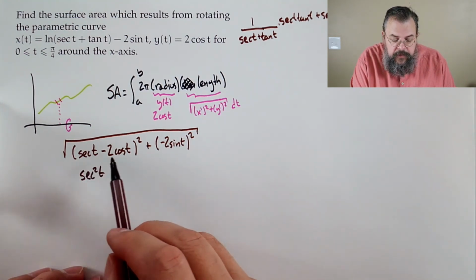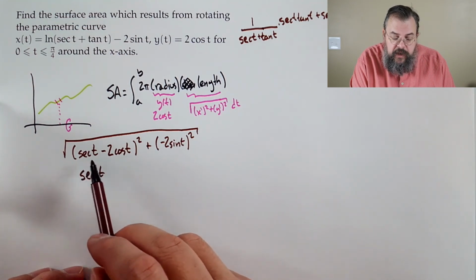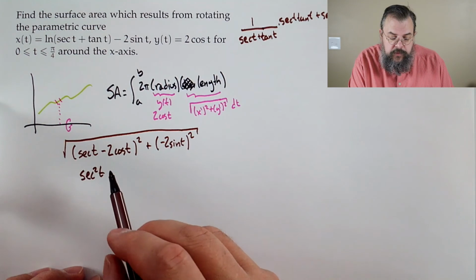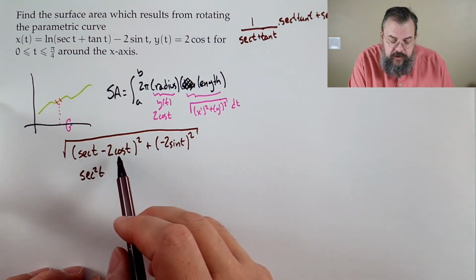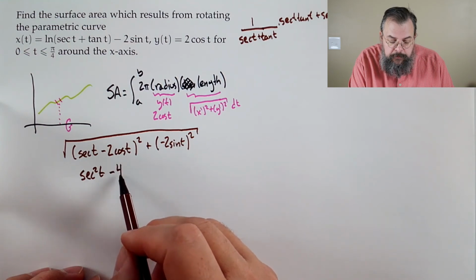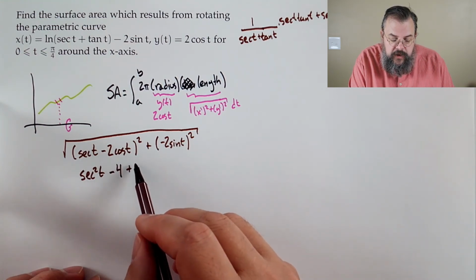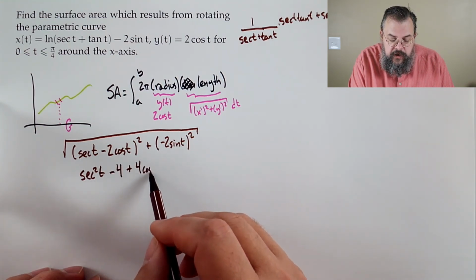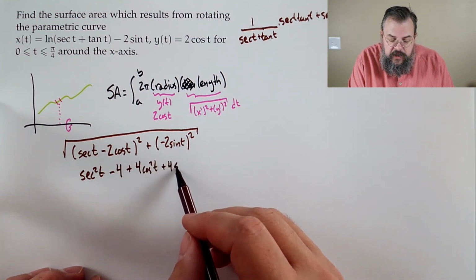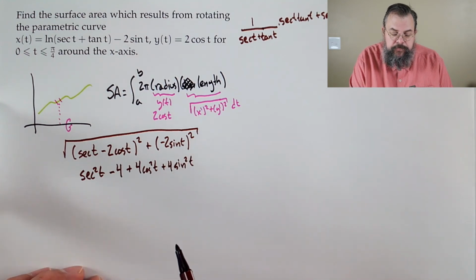Now we have our cross terms. Secant and cosine cancel each other, so secant times cosine is 1. Don't forget about the minus 2, so that becomes minus 4. Plus 4 cosine squared, plus 4 sine squared.